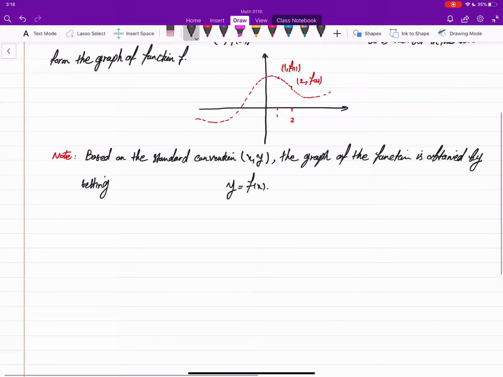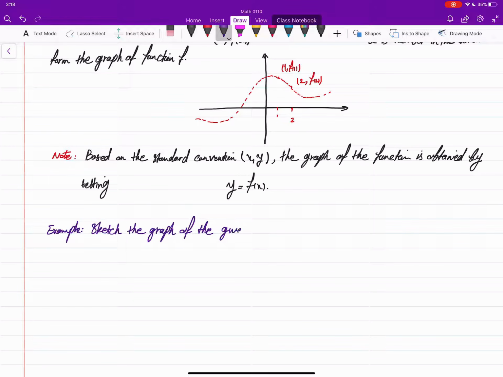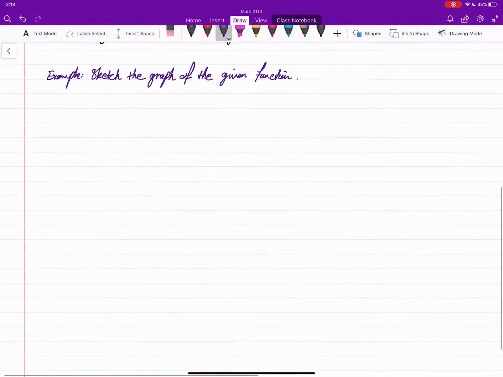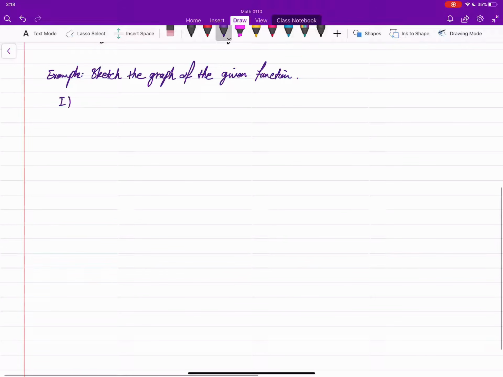Let's do some examples here. Example: sketch the graph of the given functions. First one is f of x equals 2x plus 1.